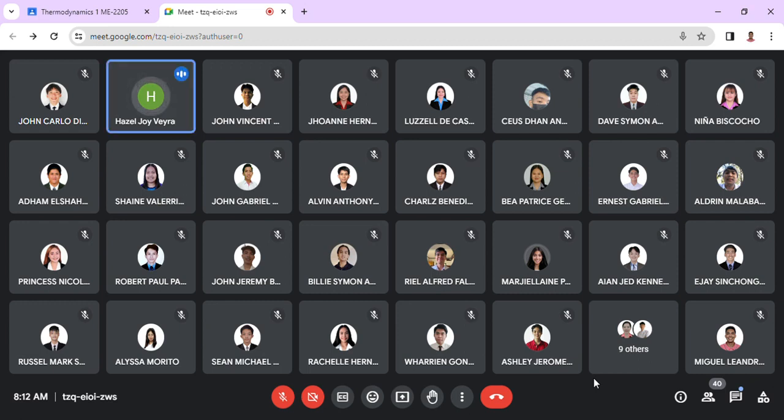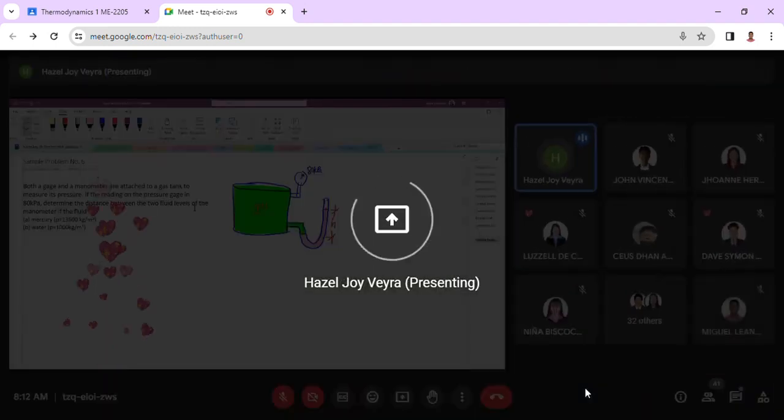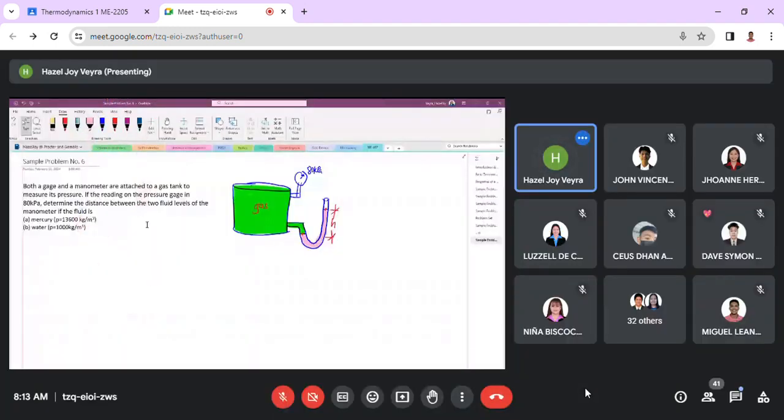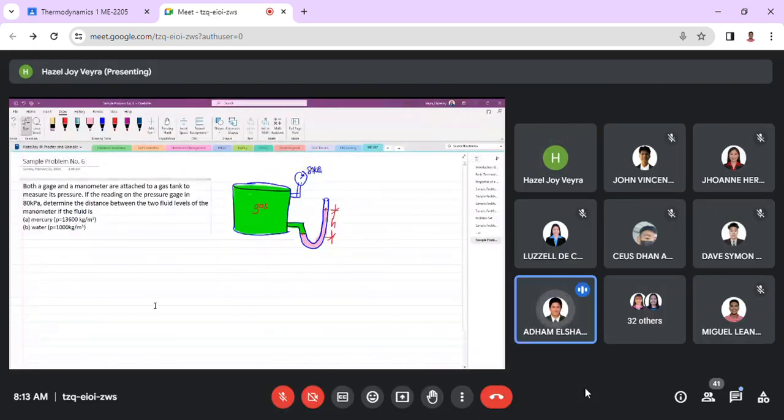Okay, let's proceed to sample problem number 6. Everyone here na? Okay. So can you read the problem, Adham? Both a gauge and a manometer are attached to a gas tank to measure its pressure.